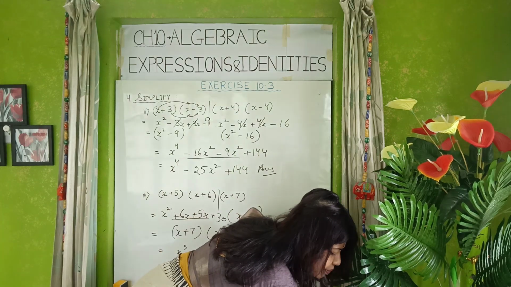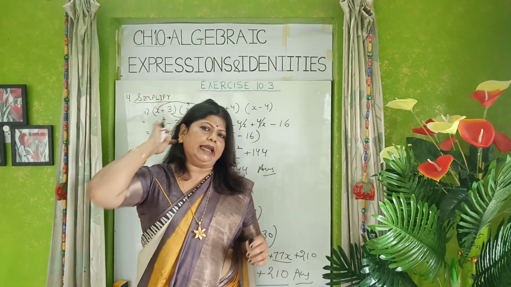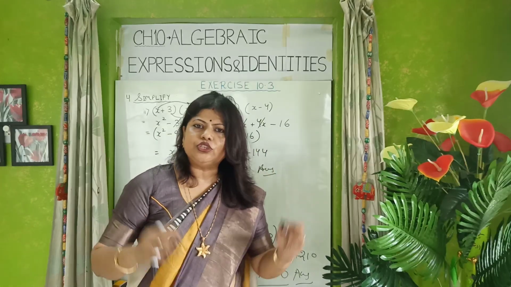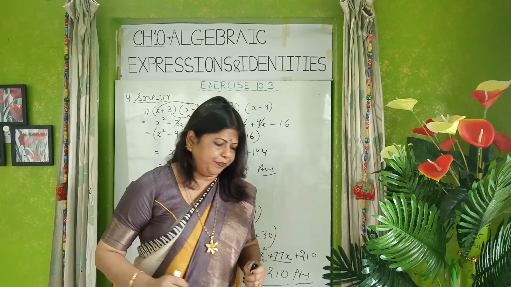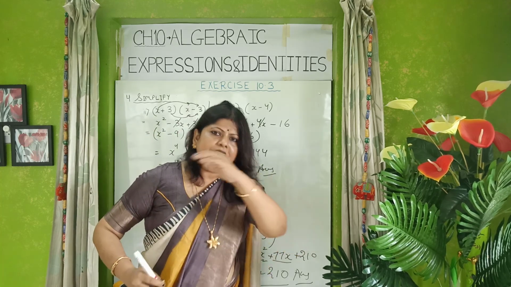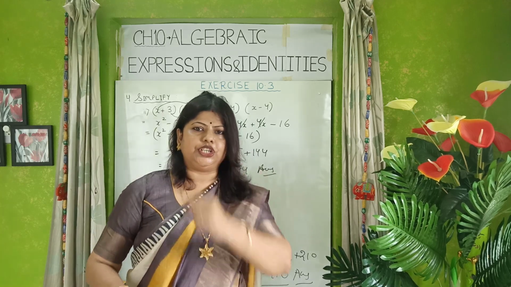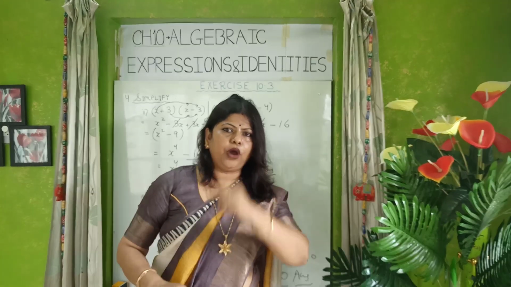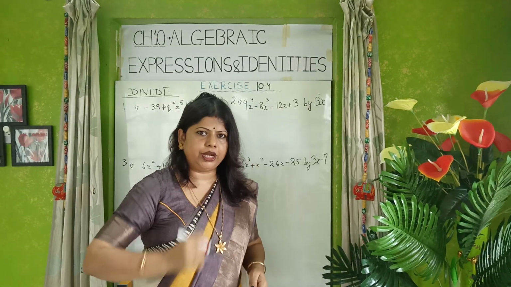If you come to question number 5, children, you have to find the area of the rectangle. Two adjacent sides are given. So naturally area of the rectangle will be length into breadth, multiply. So we have completed with exercise 10.3. Now we begin with division. That is exercise 10.4. So students, we start with division now.